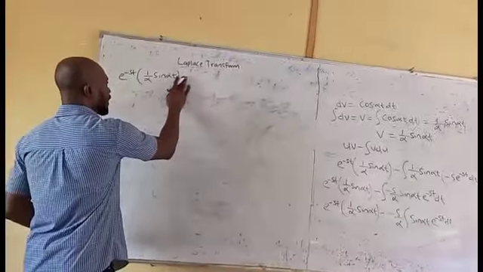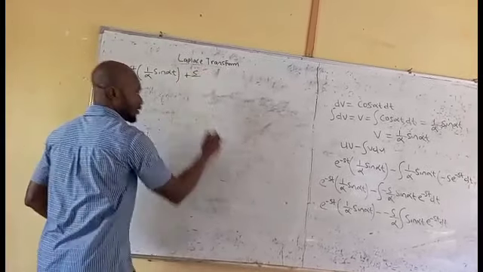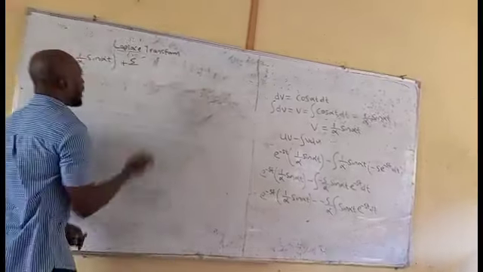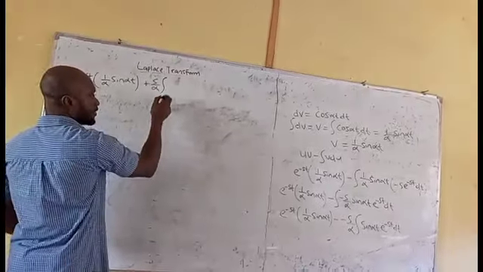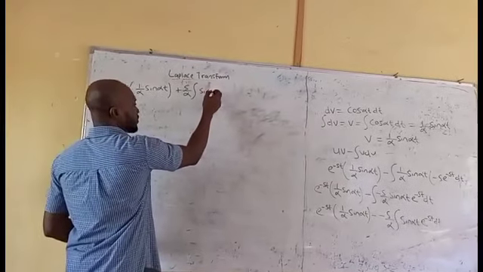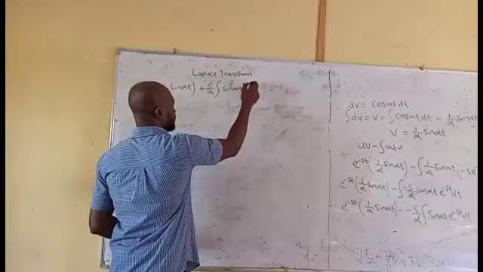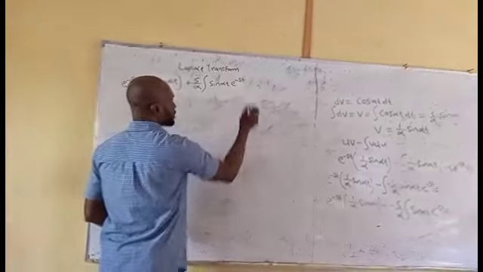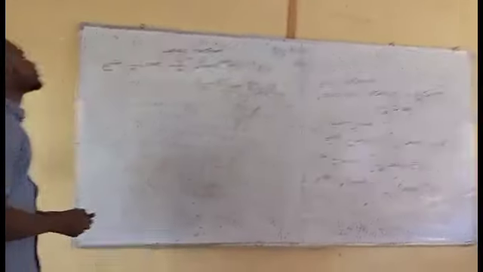If you change to plus, no longer minus again, you now have plus s over alpha. Then you have the integral of sine alpha t multiplied by the exponential minus st dt. Are we there?